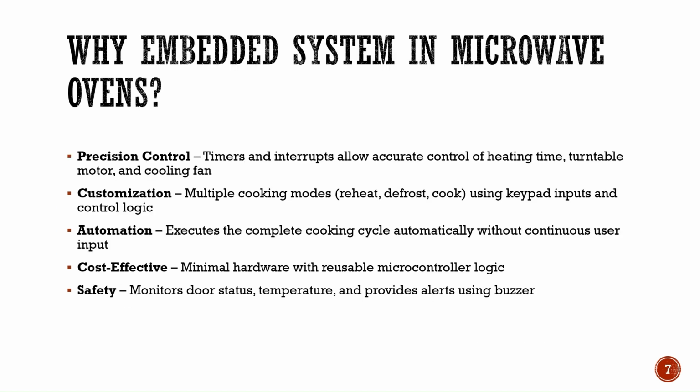Why embedded system in microwave ovens? Precision control. Timers and interrupts allow accurate control of heating time, turntable motor, and cooling fan. Customization. Multiple cooking modes, reheat, defrost, cook, using keypad inputs and control logic.